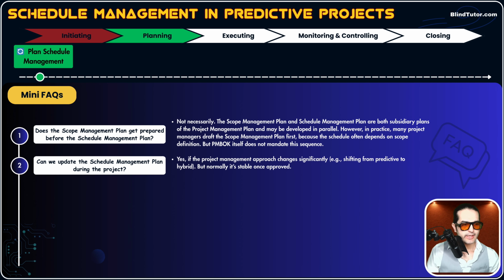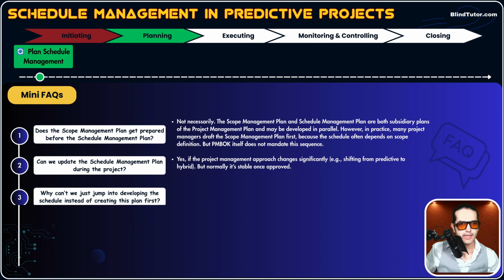Or if the forecasting method changes, our sponsor says, hey, instead of earned value management, use something else as forecasting, or instead of this software, use this new software. If these foundational methods and software we use for schedule-related concerns change, we need to update the schedule management plan. But normally, in big projects, it is stable once it is approved. We don't change it that much.